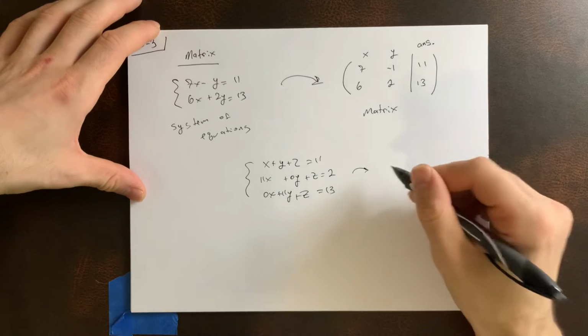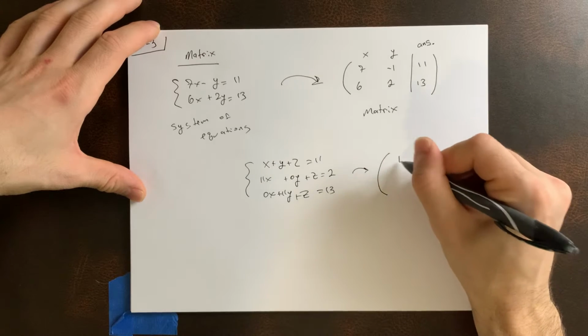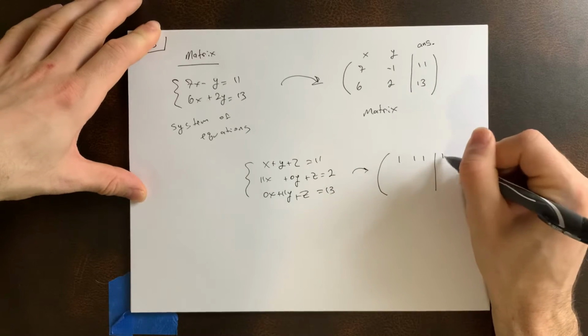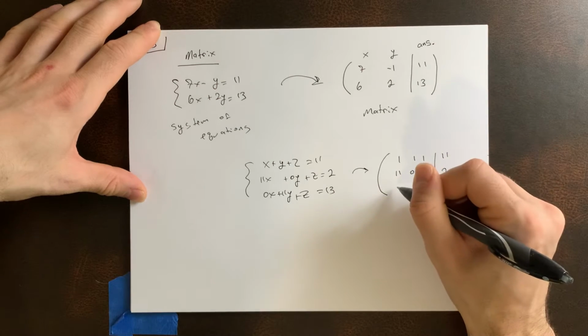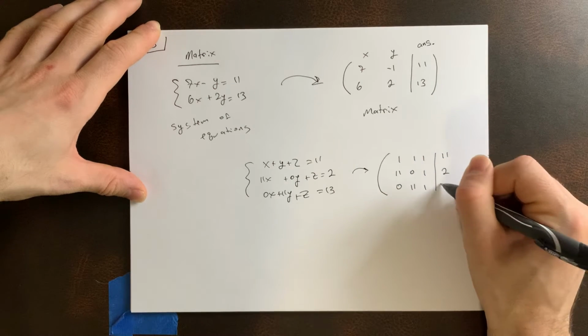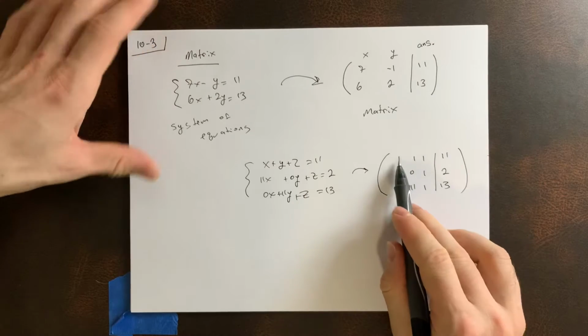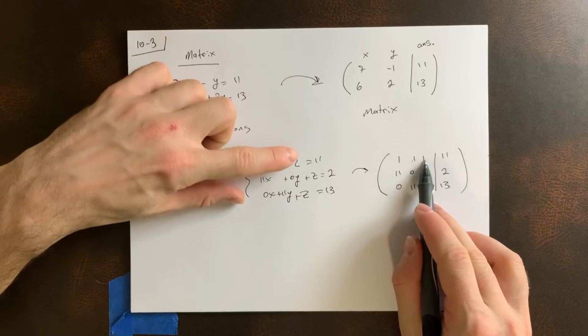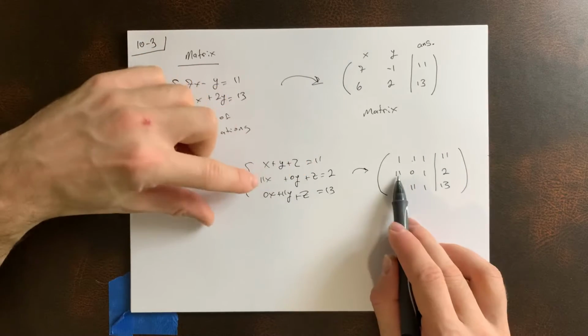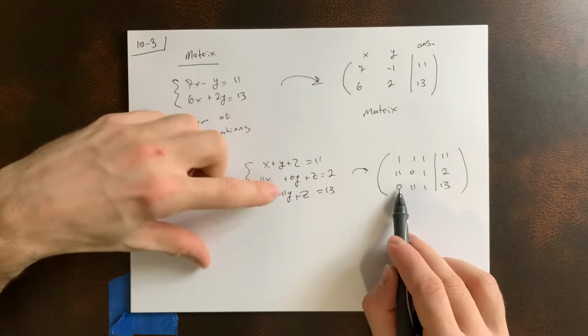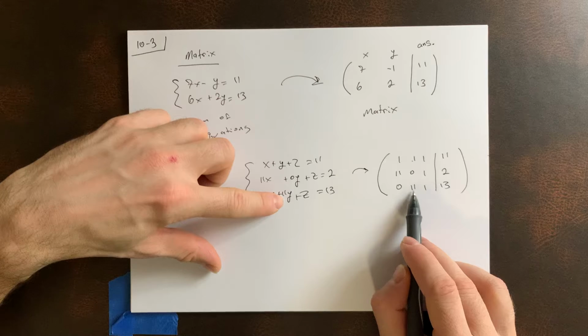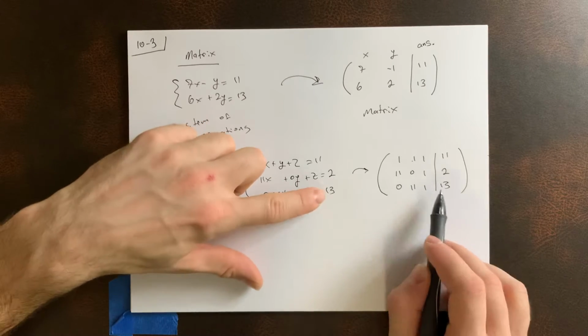But if we turn this into a matrix, this is going to be 1, 1, 1, 11, 11, 0, 1, 2, 0, 11, 1, 13. So again, here's the 1x, 1y, 1z, 11, 11x, 0y, z is 2, 0x, 11y, 1, 13.